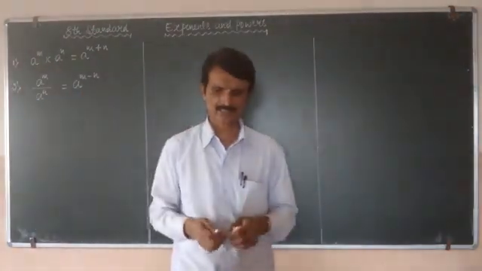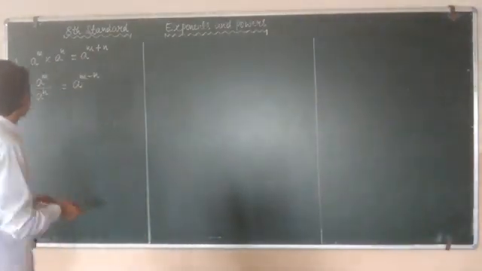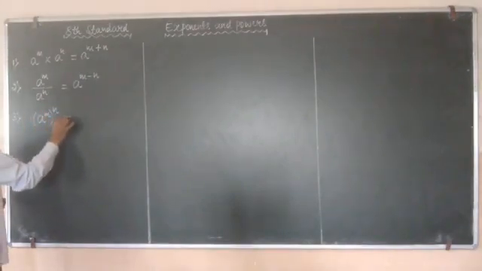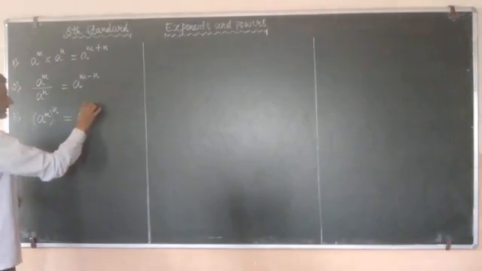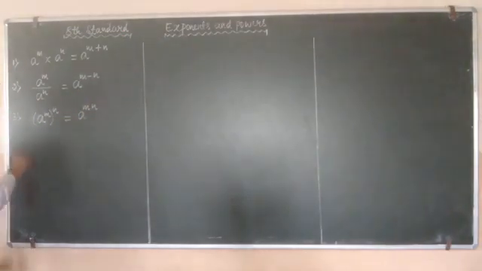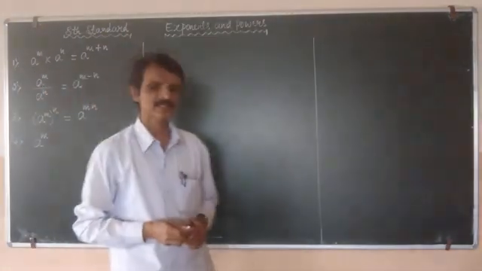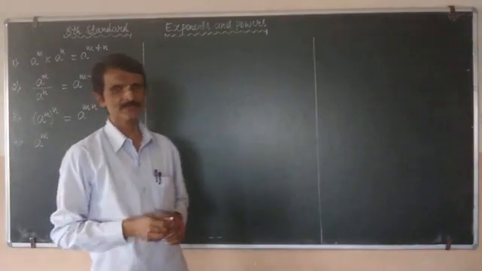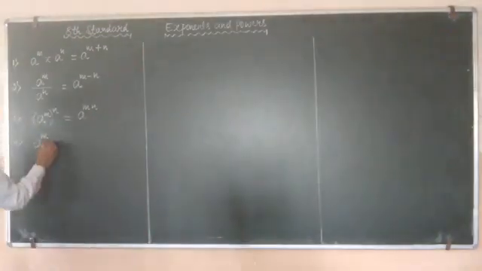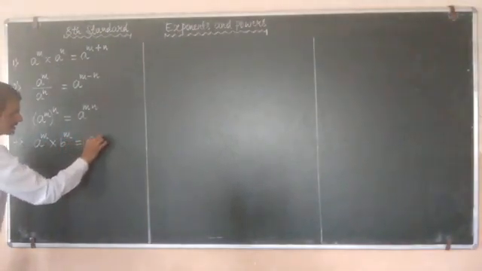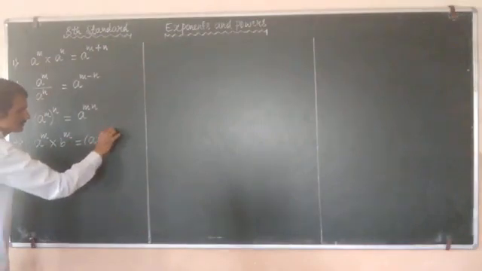The third law is a to the power of m to the power of n is equal to a to the power of mn. The fourth law is a to the power of m into b to the power of m is equal to a into b whole to the power of m.